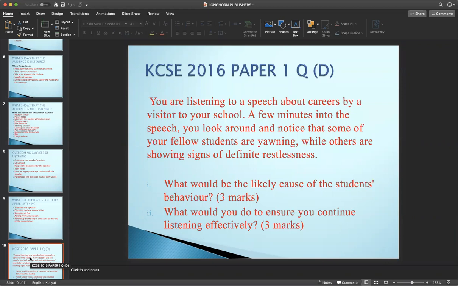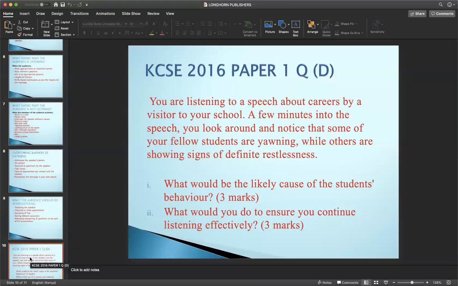So the likely cause is that those students may not have seated upright. The speaker may not be audible enough, and the students may have some physiological problems, like they are hungry, for example.